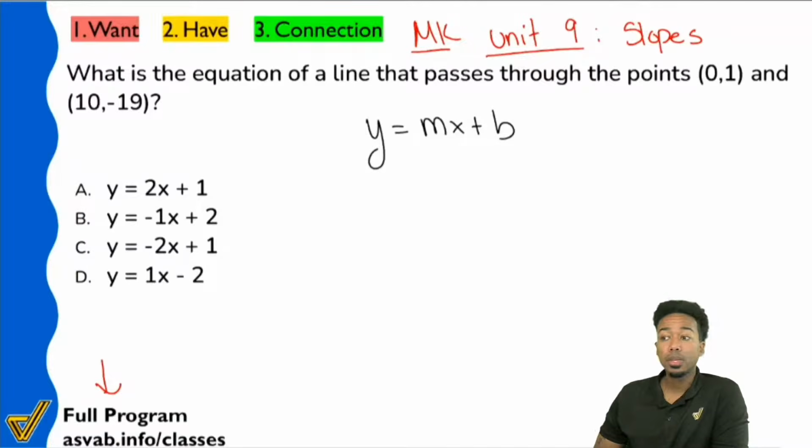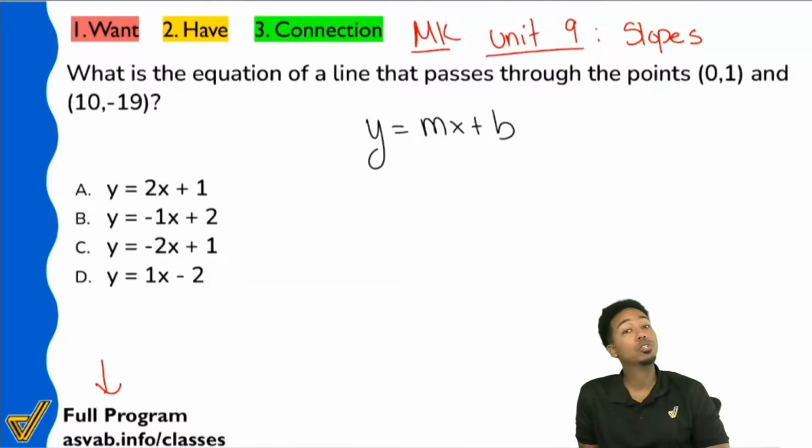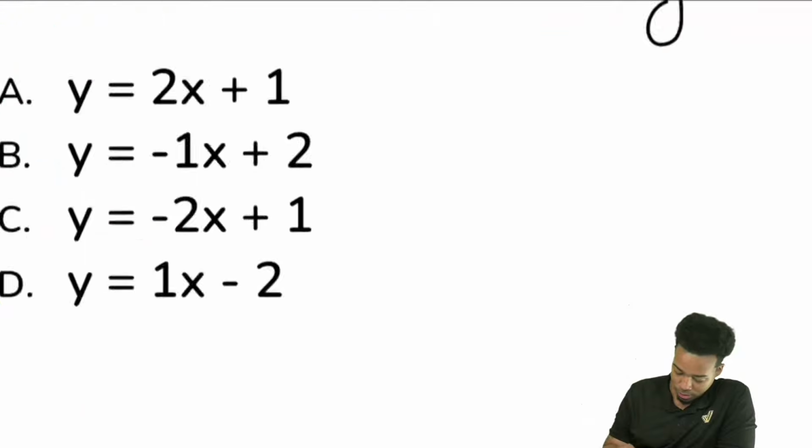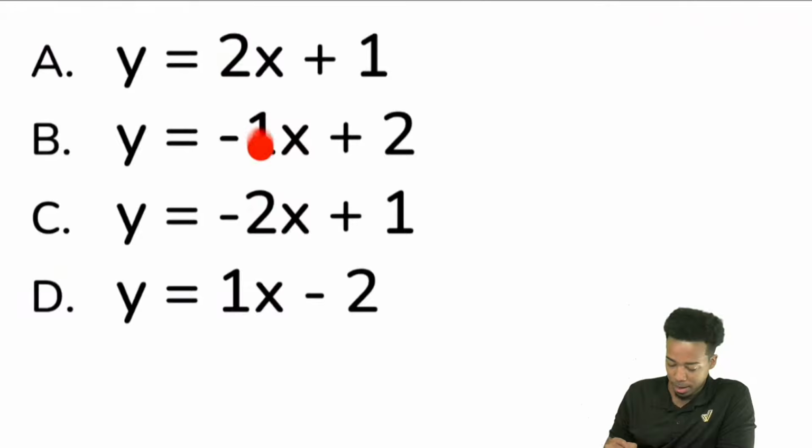So here's what we're going to do. We're going to notice a couple of things here, my party people. There's a quick way to do this and there's a regular way to do this. Let me show you a nice quick way. What do you notice about each of these choices here? What do you notice about each of these numbers in front of the X?